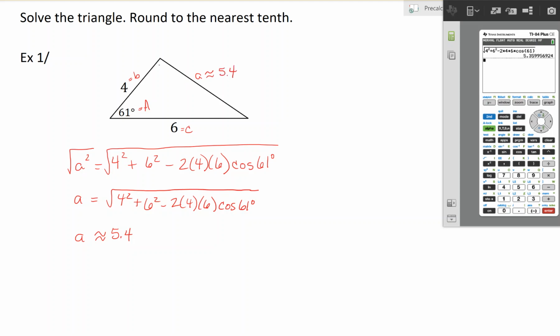And now I need to figure out what angle C and angle B are. So here's my A, 5.4. I need to find angle C and angle B. We could quickly just go ahead and do the law of sines if we wanted to. So let's go ahead and do that.